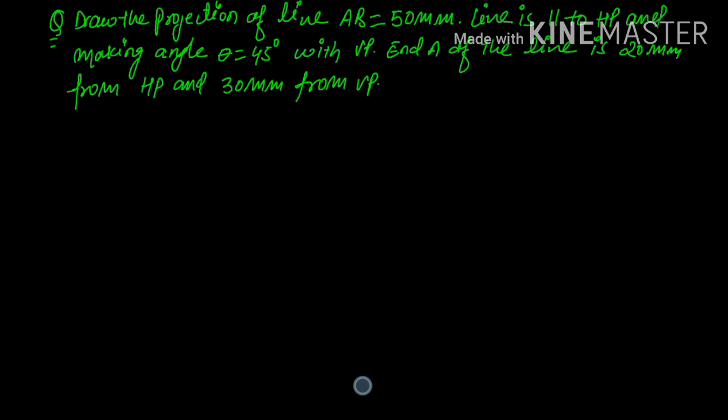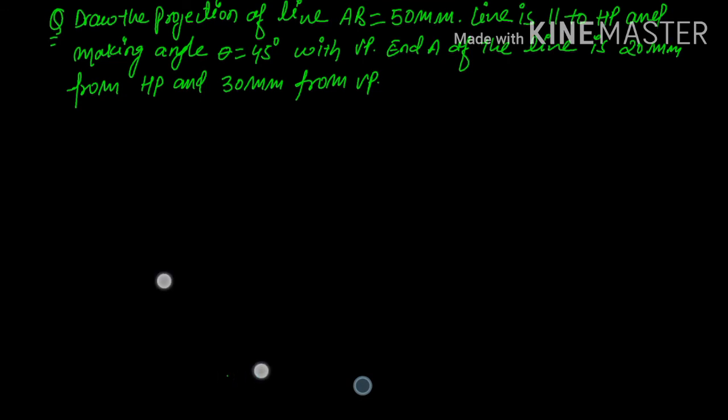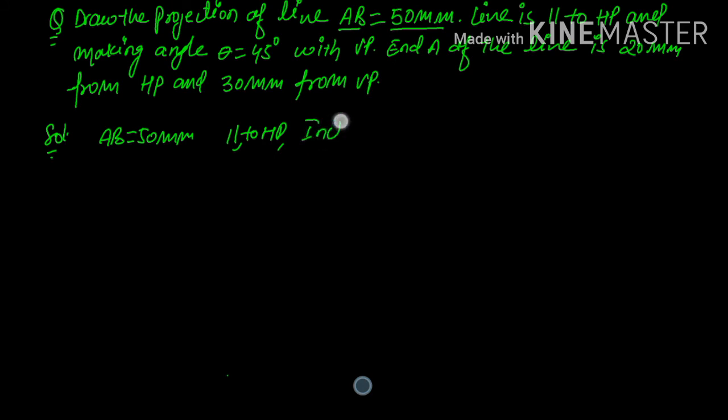Okay, on the basis of this article, now we are able to solve a numerical. Okay, now the statement is, draw the projection of a line AB, length is given 50 mm. Line is parallel to HP, inclined to VP, means phi is equal to 45 degrees.